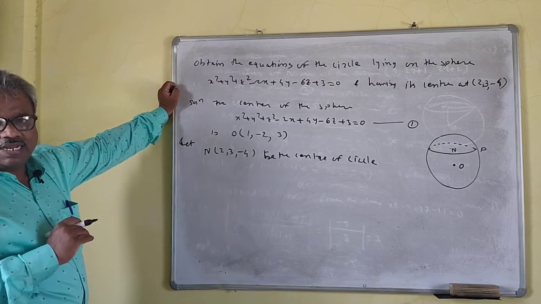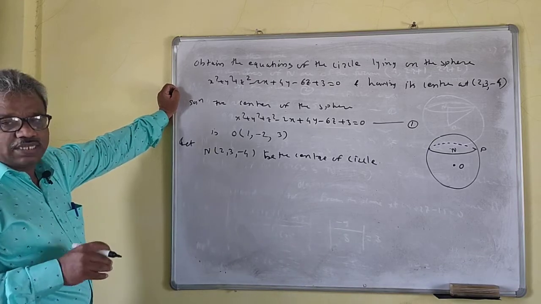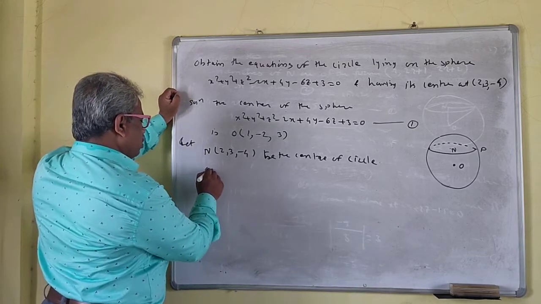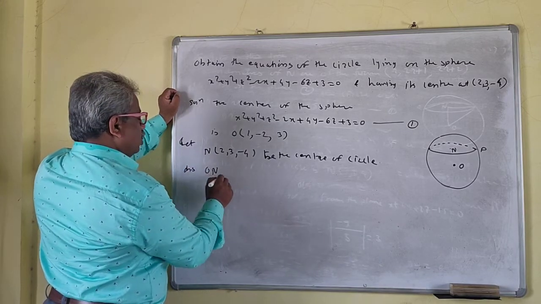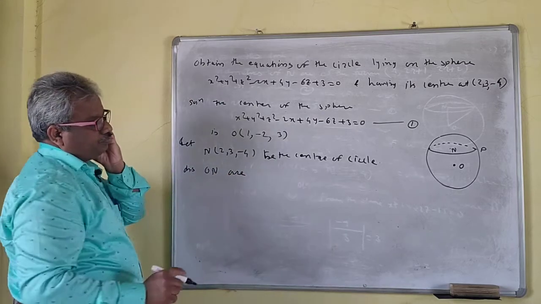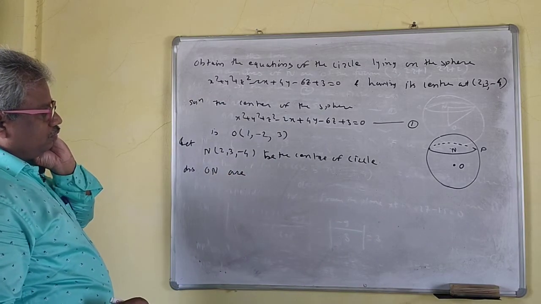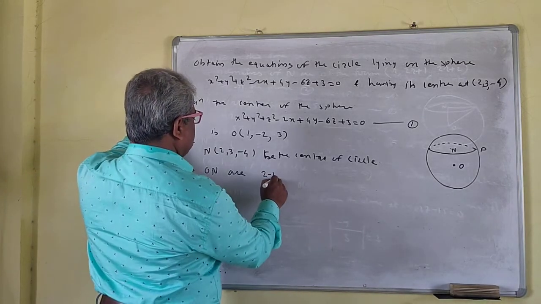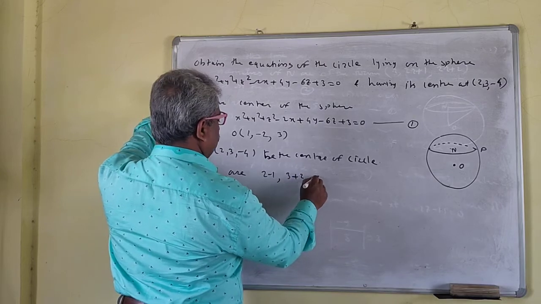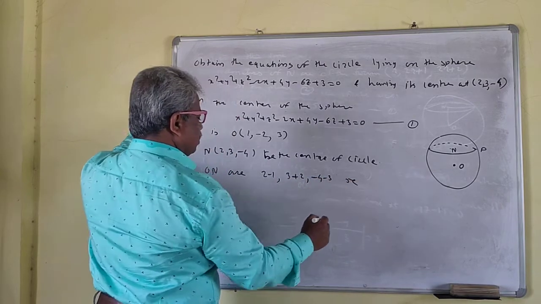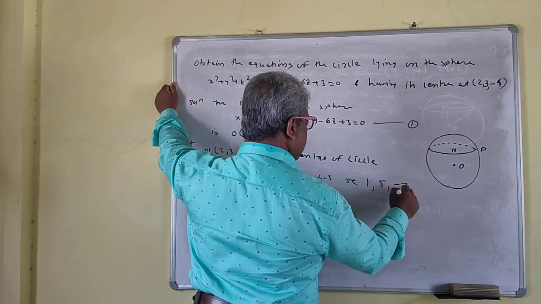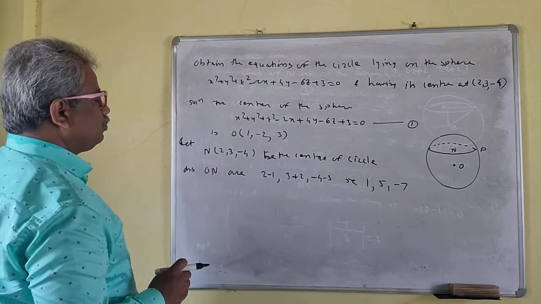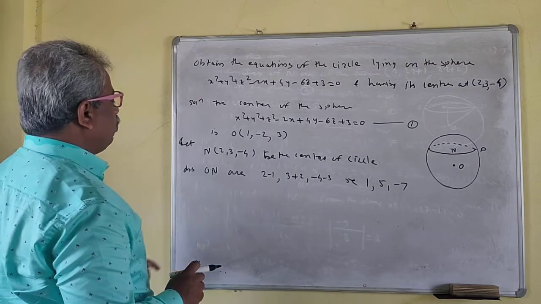Now the DRs of ON are 2 minus 1, 3 plus 2, minus 4 minus 3, that is 1, 5, minus 7.